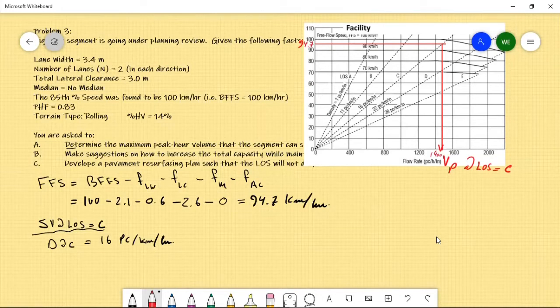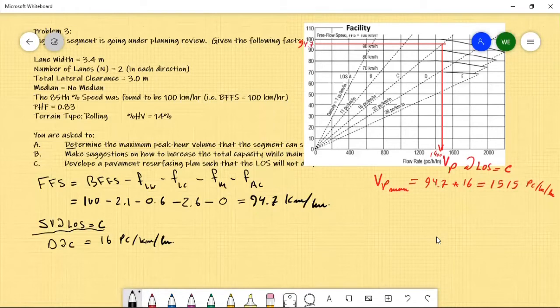We can calculate it even. So we can say that the VP maximum equals, what's the speed? 94.7 multiplied by 16. So that will be 1500 passenger cars per hour per lane.